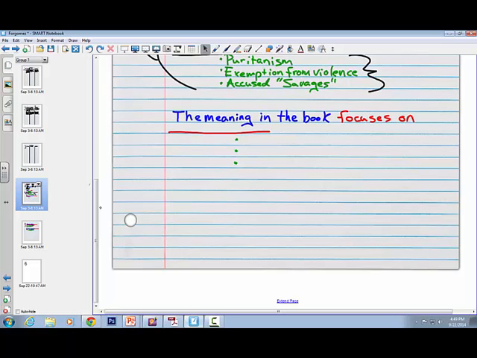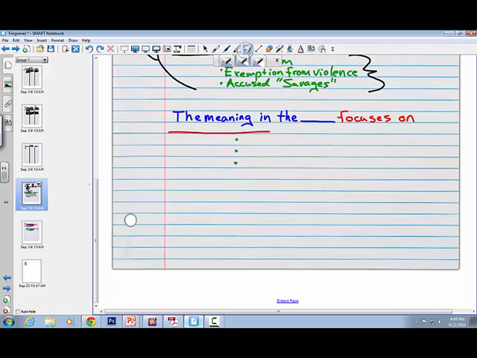But let me show you this. Watch what happens here. The meaning in the book focuses on blank. What if I took the book and I made that a blank too, right? And now I can put in the media, right? The meaning in the media focuses on blank. I can do, again, love and chaos and all that other stuff, right?